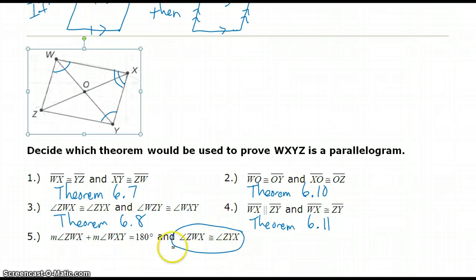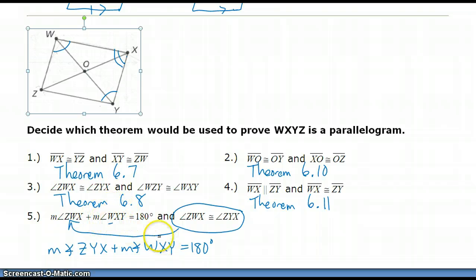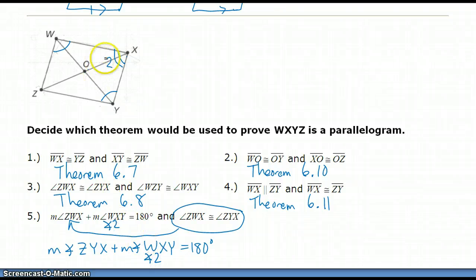Before I can use theorem 6.9, I need to take this statement and substitute right here to create this statement. The measure of angle ZYX plus the measure of angle WXY equals 180 degrees. Now if I call this angle WXY angle 2, angle 2 is going to be supplementary to the two consecutive angles.